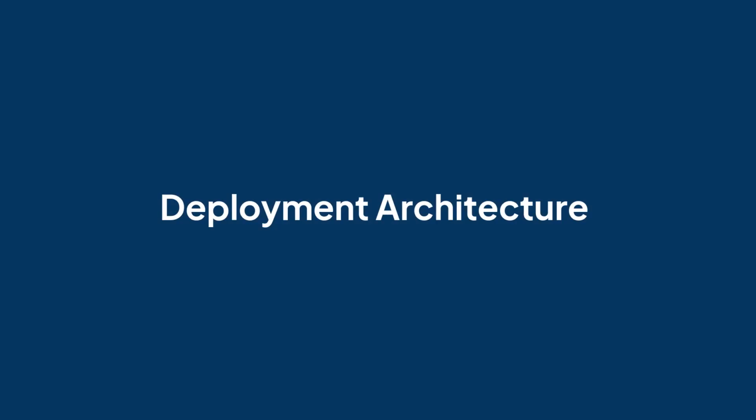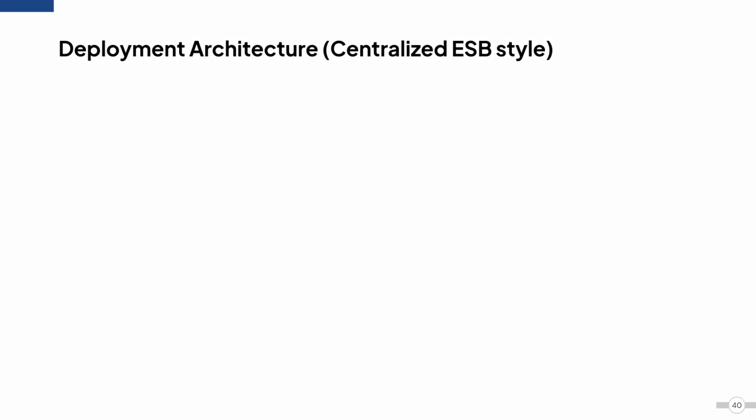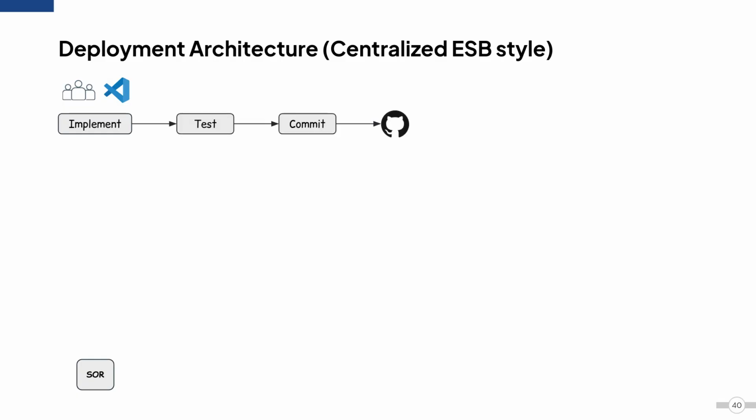Let's finally wrap up this session with a deployment architecture. So let's talk about a centralized ESB style architecture. Obviously, when it comes to integration with various architectures, you finally have to implement your integration, either your microservices, your integration services, business services, and so forth. You implement that, and then you connect with the systems of records, then you test and you commit that code into a repository, like a code repository, and then you have your development environment, let's say, where you want to have your integration runtime, because now it is ESB style, right?